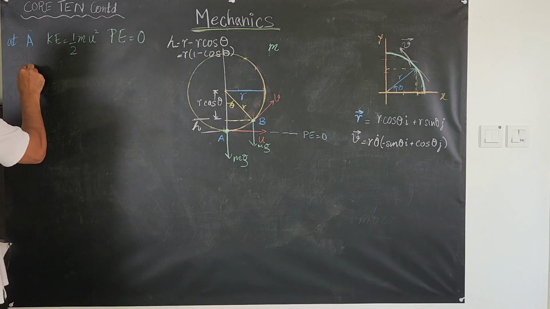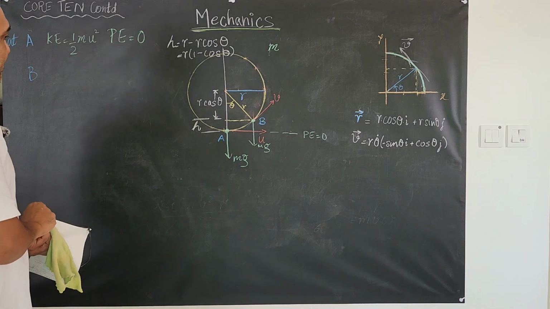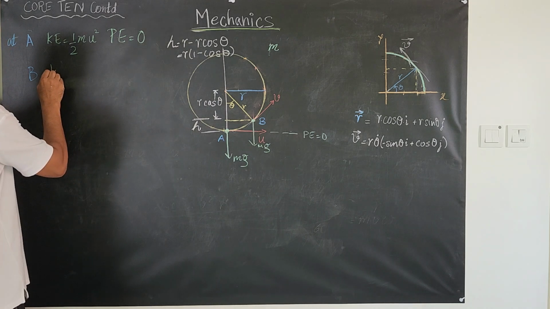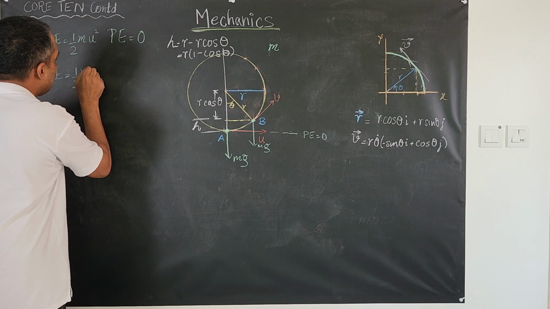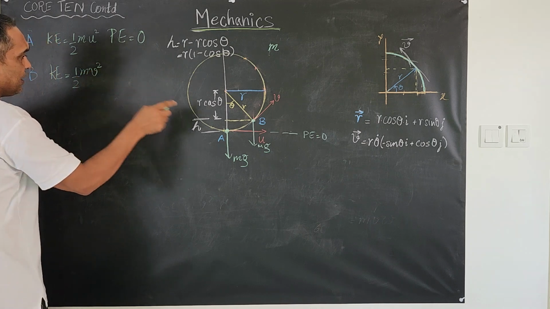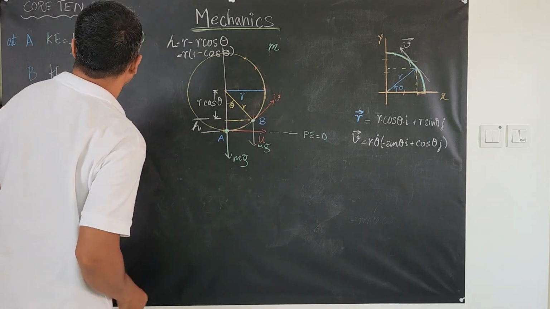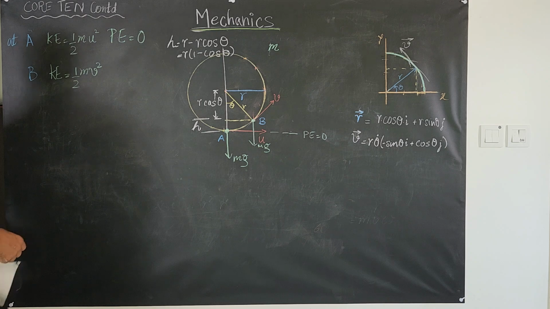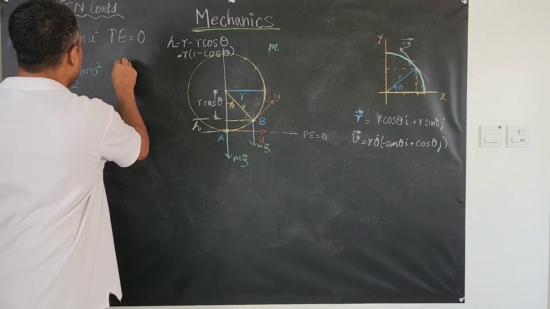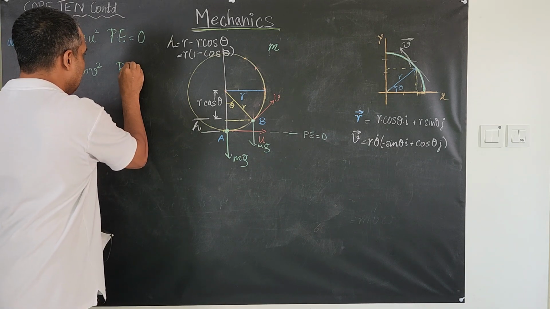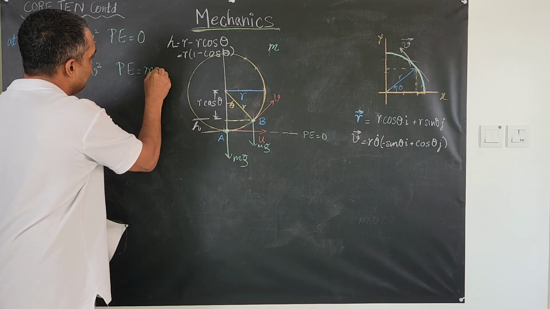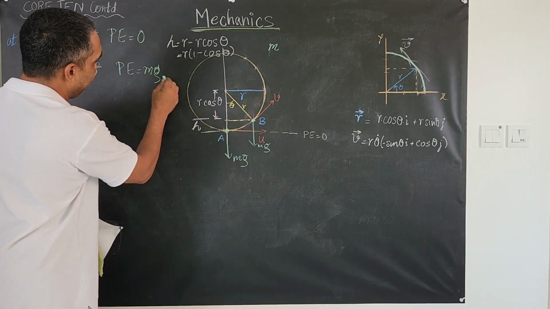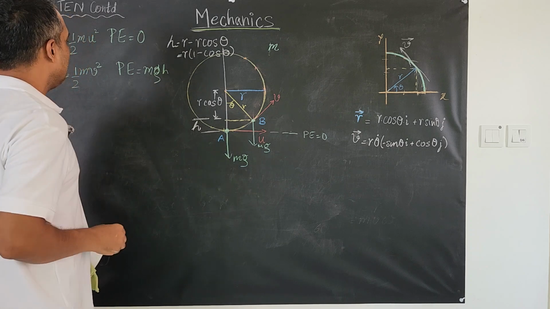At B, now what happens? Kinetic energy is equal to 1/2 mass times velocity at B is V, but potential energy here, this is key, is equal to mass times g times the lift it has had, which is h, right?